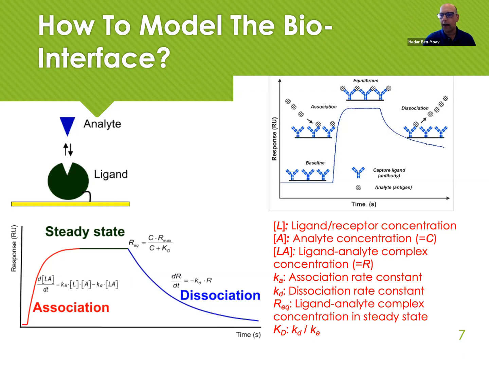Again, we can model, and eventually we want to come up with a series of equations to describe the behavior of, for example, what happens at the biological interface, such as the equations we looked at yesterday, the Navier-Stokes equation, and so forth, to describe the flow in the channel.